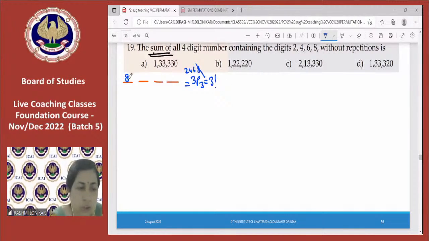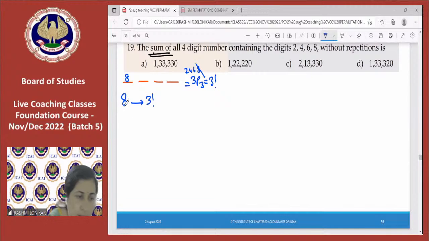Okay. So for 8, if I fix 8 over here, okay. So if I fix 8 in the thousands place, I will have how many numbers which will start with 8? That is 8,000. How many numbers? So this is 3 factorial numbers.